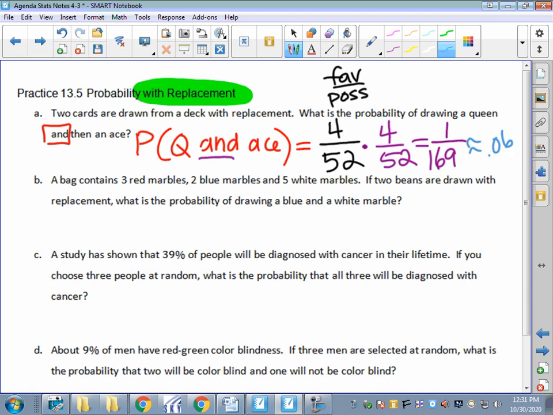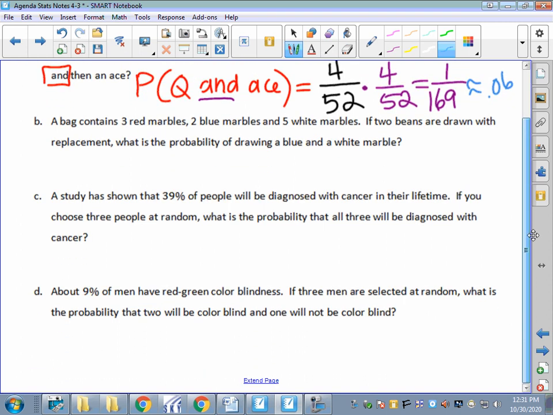All right, let's jump down to number 3, because number 3 is that really wordy problem that we talked about earlier. A study has shown that 39% of people will be diagnosed with cancer in their lifetime. If you choose 3 people at random, it's a super large sample, right? This is all people. If you choose 3 people at random, what's the probability that all 3 will be diagnosed with cancer? All right, so here's my probability.